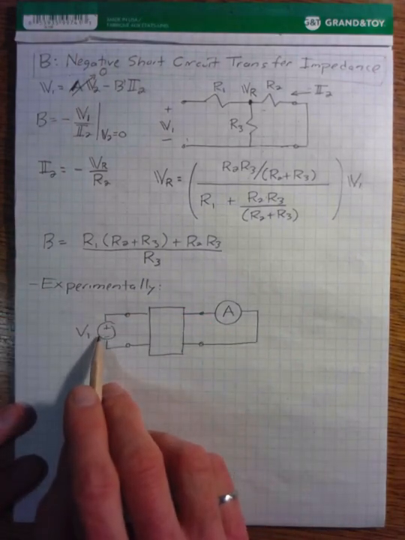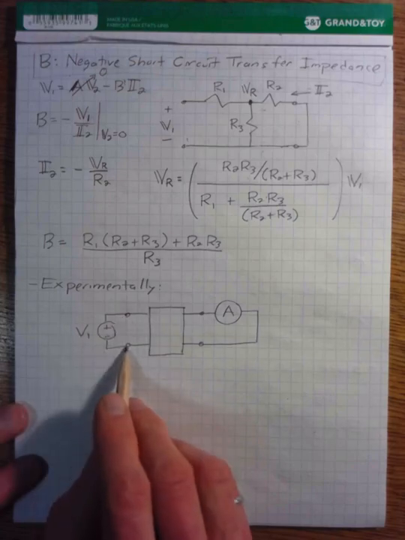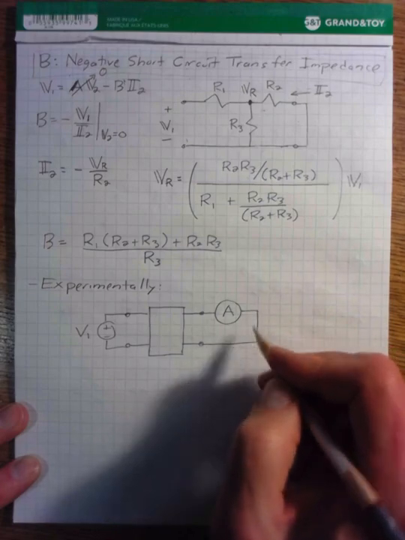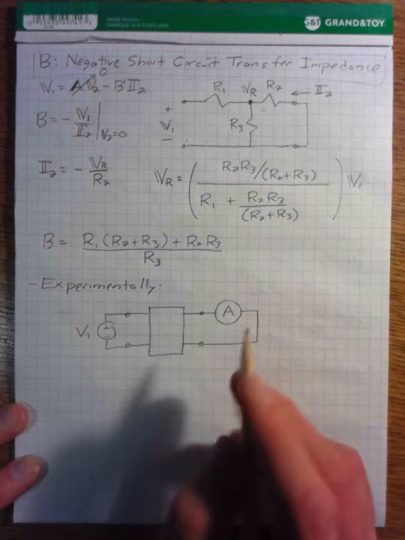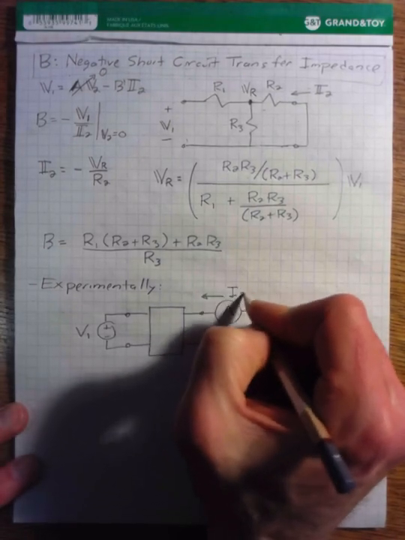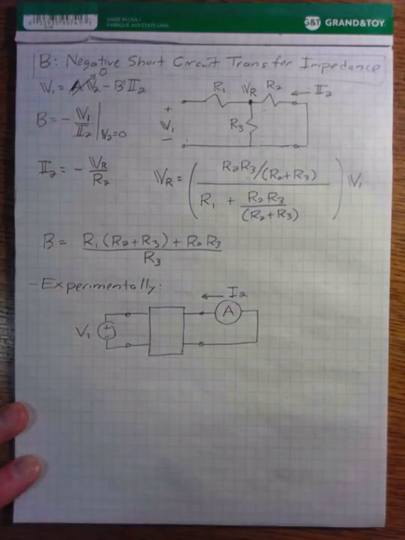So we would apply a voltage source V1 to our terminal on the left. That's how we know what this voltage is. We would short out our terminal on the right, but then we would put an ammeter in here so that we can measure the value of I2 going into our circuit.